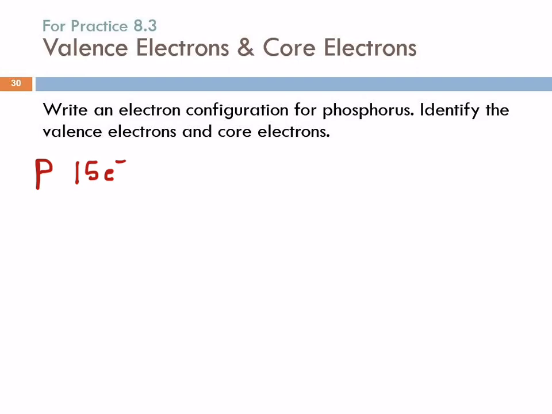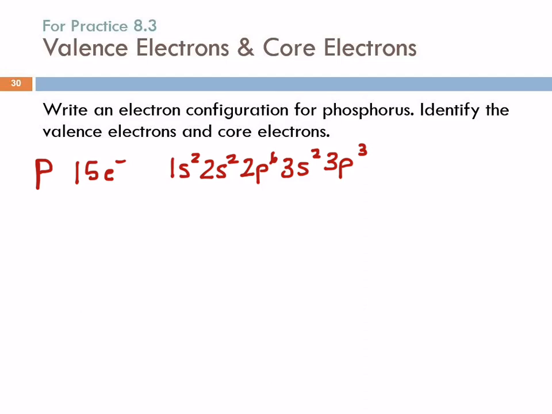Okay, so how do we start this out? 1s2, and what's next? 2s2, 2p6, 3s2, 3p something, right? You may have to stop and count at this point. 2, 4, and 6 is 10, and this is 12, so we need 3 in there, right? Yeah, that's right.